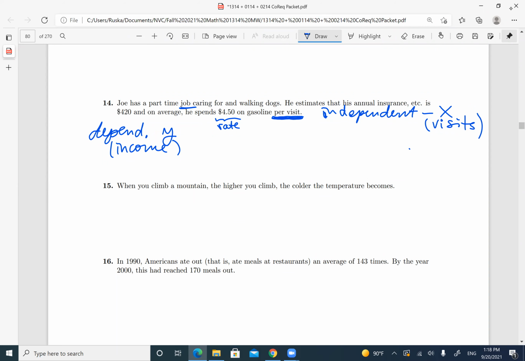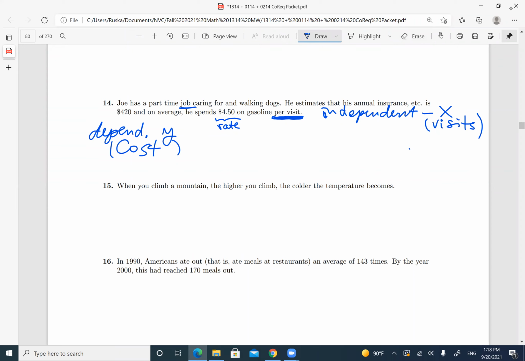So how are you going to calculate that? Actually, this is not income. This is how much he's going to spend, right? So this is his cost for his job. I'm going to put cost. How much is it going to cost him, okay?